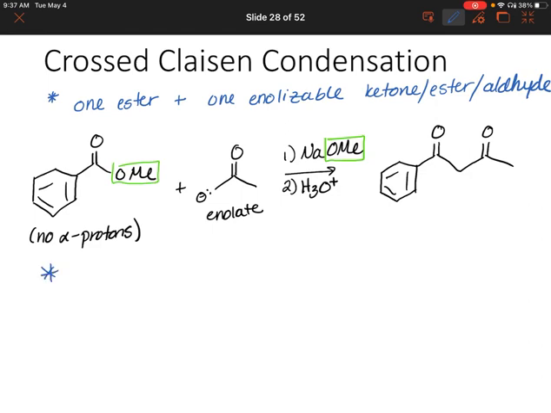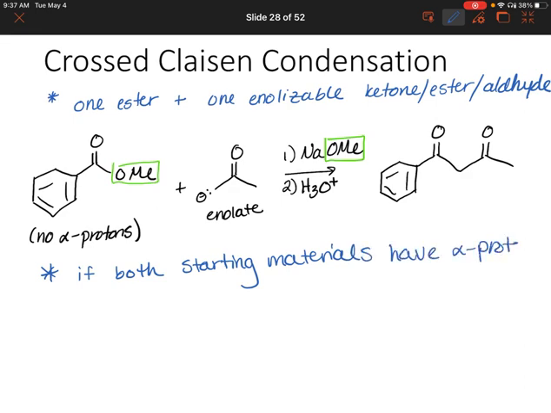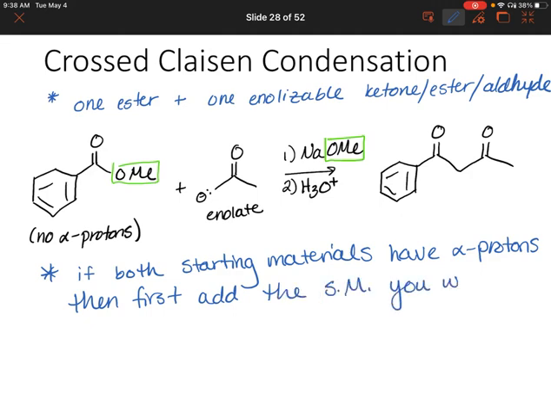So let's just write that down. So if both starting materials have alpha protons, then first add the starting material you want to be the enolate, so the starting material that you want to have a negative charge on, into LDA.